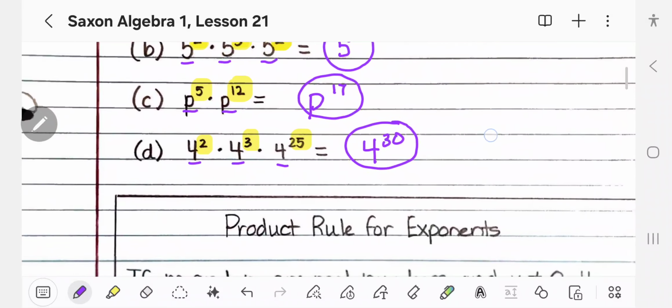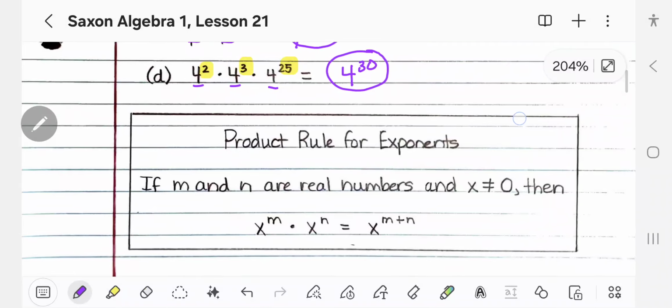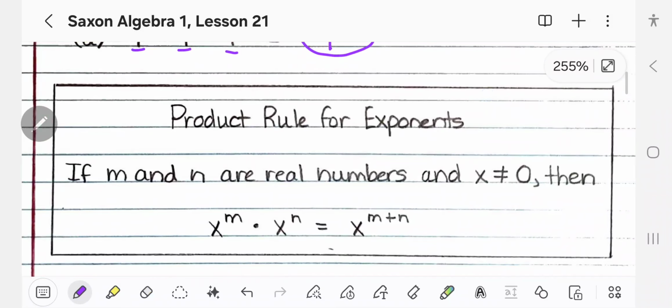Okay? That leads us to this rule, the product rule for exponents. If m and n are real numbers and x is not equal to 0, that's what this means, then x to the m times x to the n equals x to the m plus n.